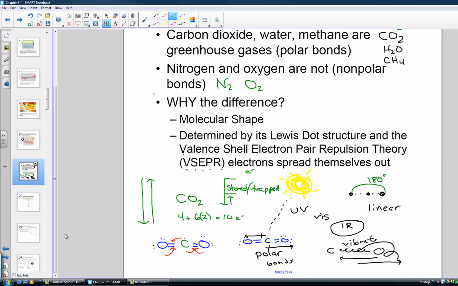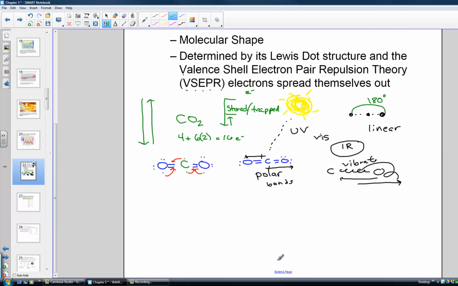Now let's talk, and I should probably extend the page. I'll draw a water molecule and talk about its molecular geometry. Oxygen with its 6 valence electrons and hydrogen with its 1 valence electron form a molecule that actually looks in 3 dimensions like this. The electron distribution is very dense around the oxygen atom.